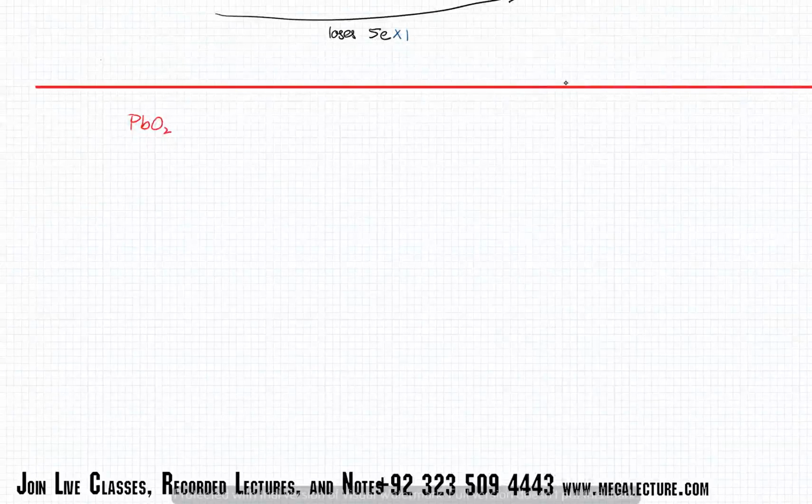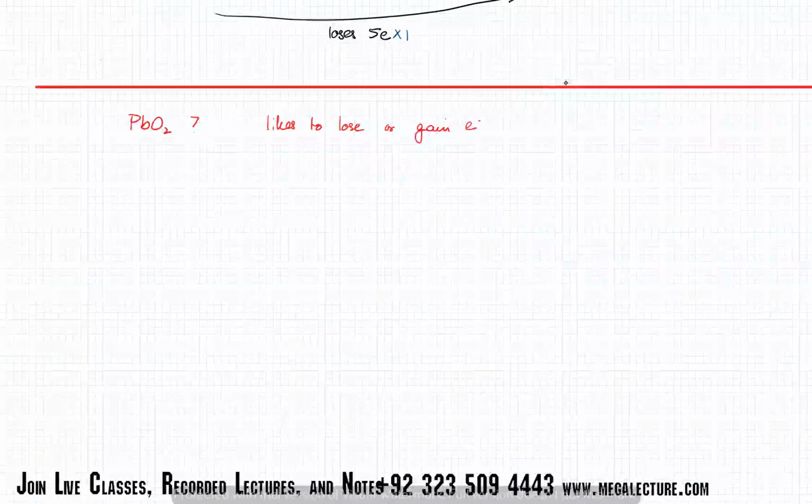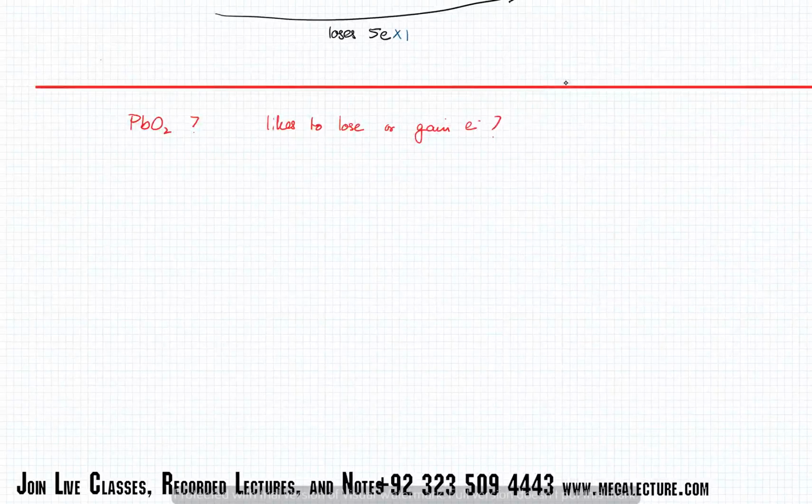So for example, if I give you PbO2, you've got no idea whether it likes to lose electrons or gain electrons, right? So what does PbO2 want to do? We personally have no idea.